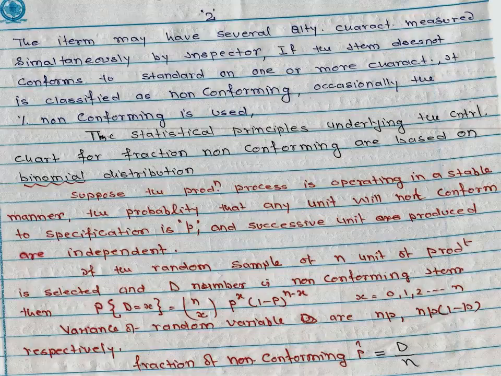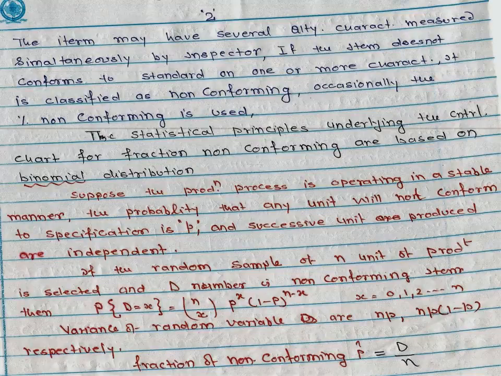So for preparing the P charts, we use the binomial distribution, and for binomial distributions the quality characteristics follow that all trials are independent. That means whenever we select the samples, it's independent. Each outcome is either a success or a failure.